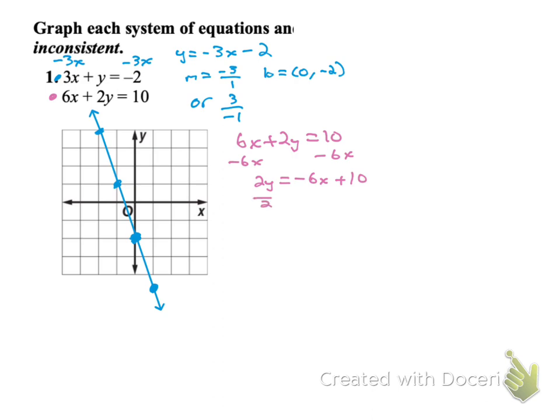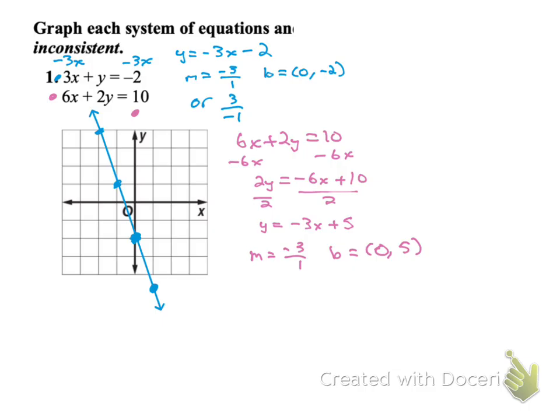And then I'm going to divide by 2, which gives me y equals negative 3x plus 5. So my slope is negative 3 and my y-intercept is 5. What kind of lines are these lines? Parallel, good.